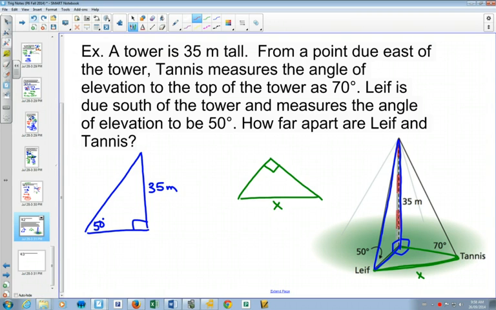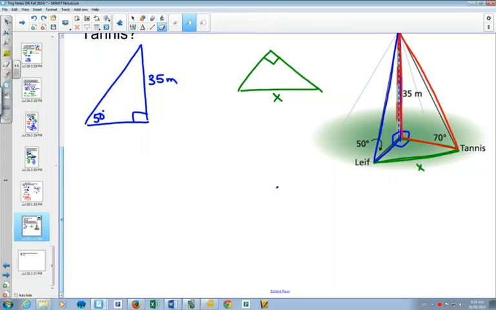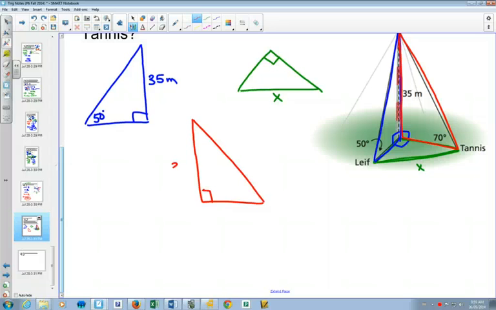And finally, for the triangle for Tanis, I'll draw that one in red. Again, 35 meters tall, and this angle of elevation was 70 degrees.